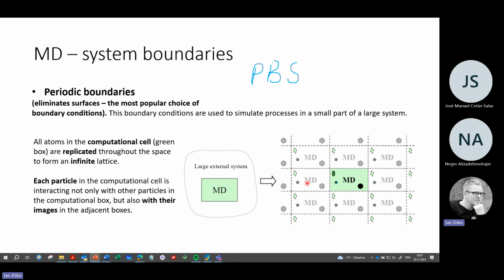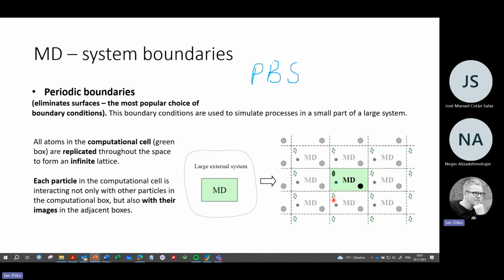So now you are probably asking yourself how this computation can be done if the system is so large. In theory, it's an endless system because the cell unit is replicated into infinity. But the trick is that the other units are just images of the first unit.